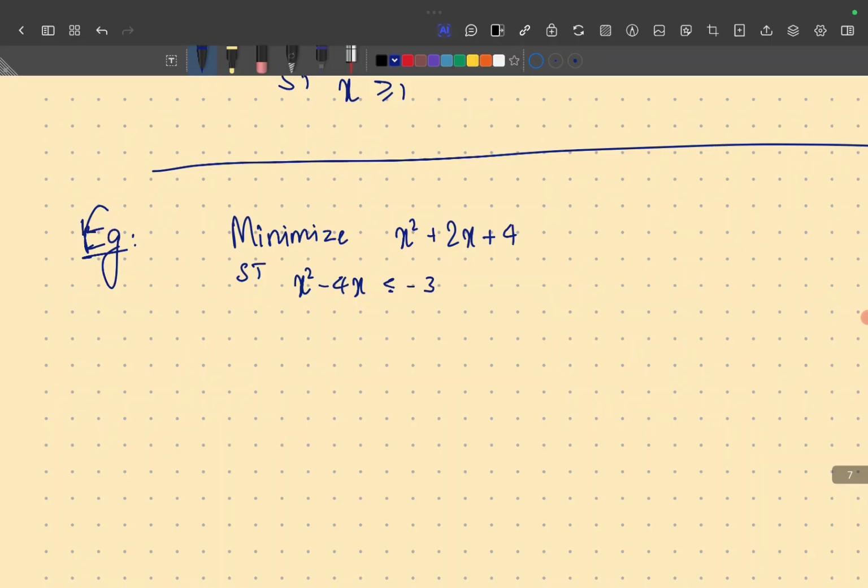Now, if you had to solve this, how would you go about doing it? Sketch a graph? Okay, do you even need to sketch a graph? This is all quadratic, right? You can, in fact, evaluate things.